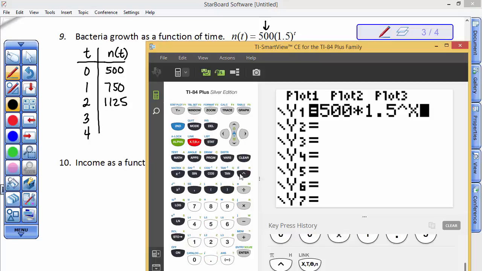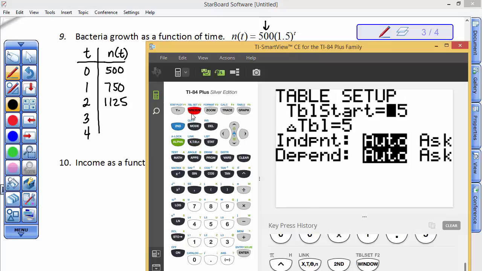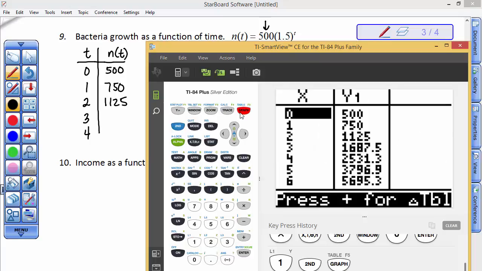Instead of doing those calculations by myself every time, I could put that in there and then go second and the window key to start the table at 0, because I've asked you to put in a 0, a 1, a 2, a 3, a 4, and let's go in increments of 1. So start the table at 0, go in increments of 1 automatically, and let's go second graph key to see the table, and we see that with no time, we still have 500 cells.